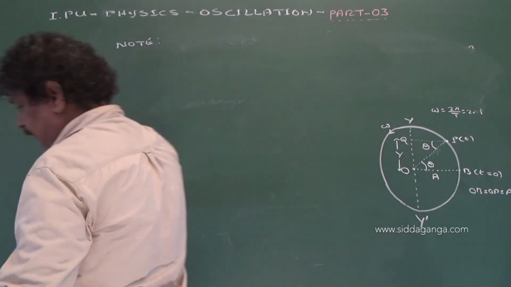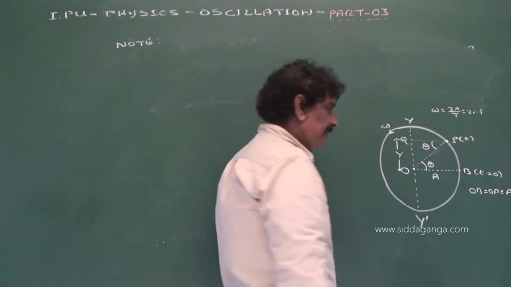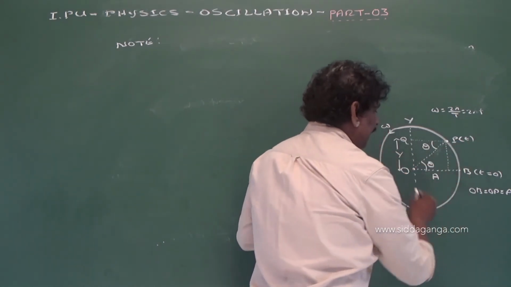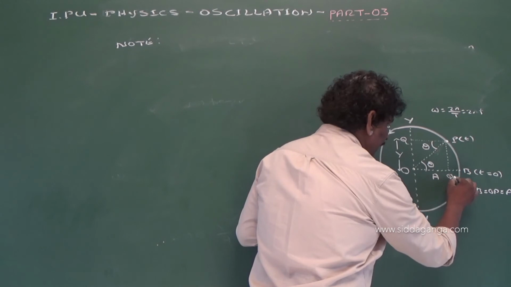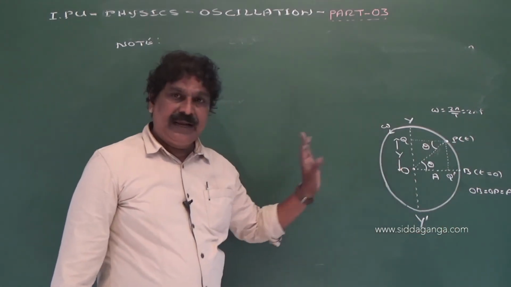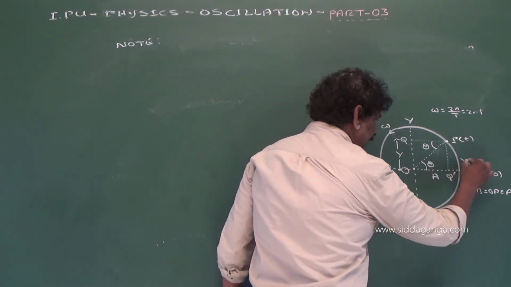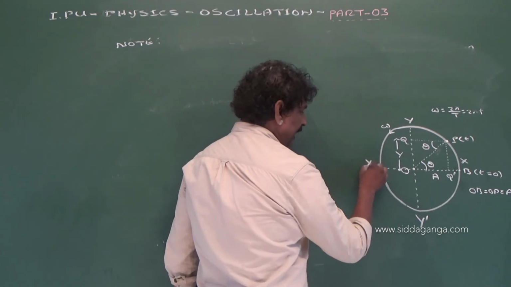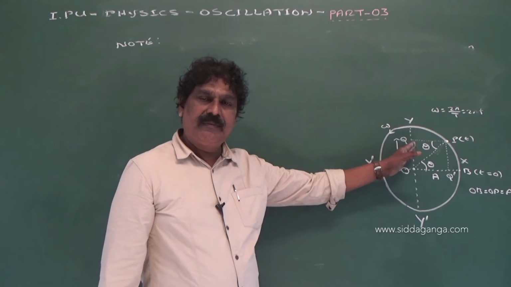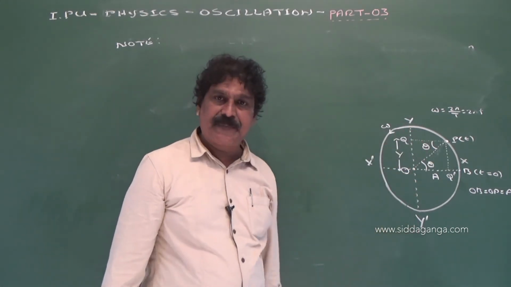Now, another thing is here. Suppose the projection is taken along the diameter X O X dash. Here we have taken the projection on the diameter Y O Y dash.